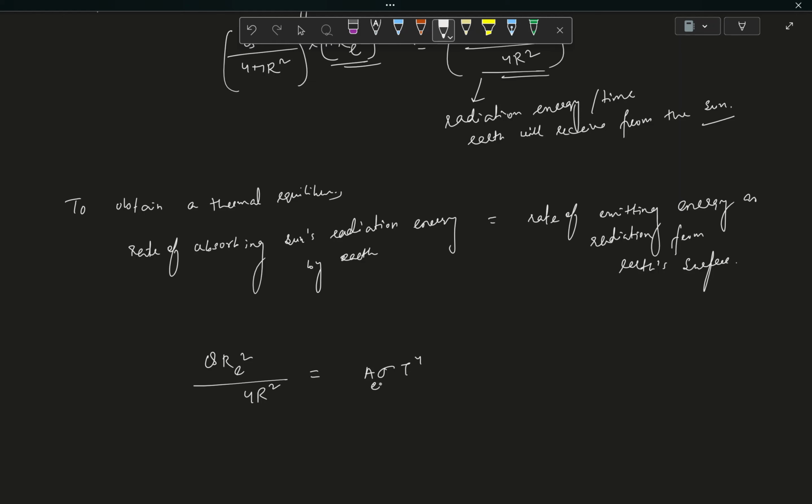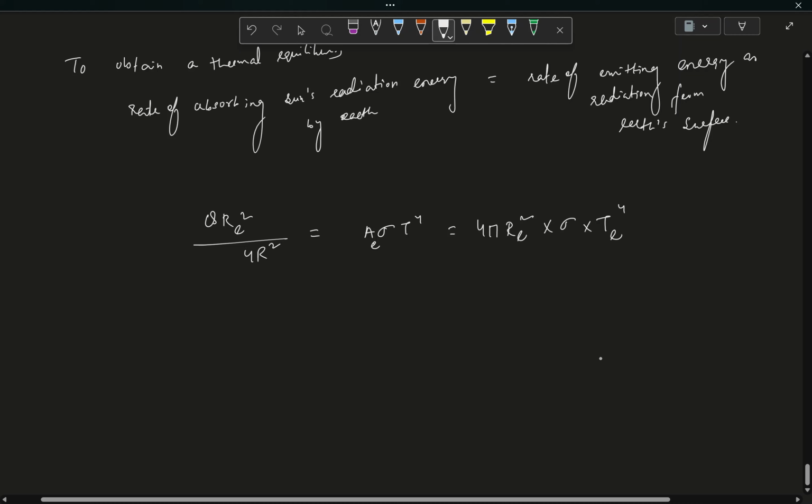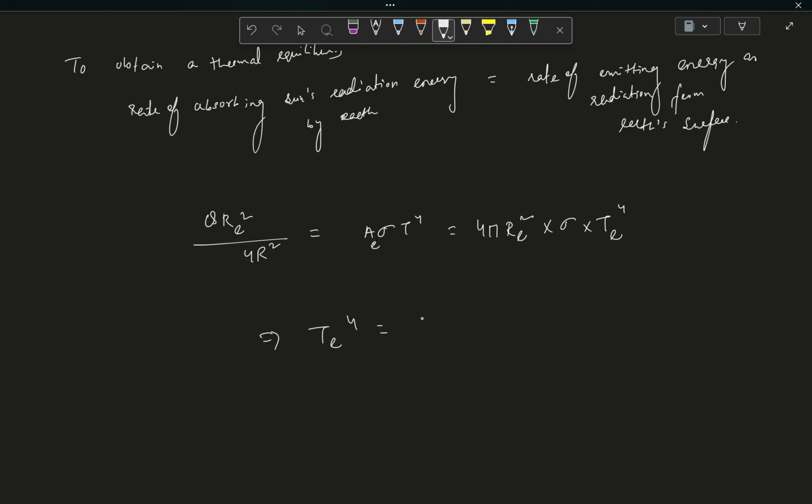The area is the area of the Earth, which is 4 pi r_e squared, r_e being the Earth's radius, into sigma into T, the temperature on Earth. So this is T_e to the power 4, right? So from here you have to calculate T_e, so you take T to one side.